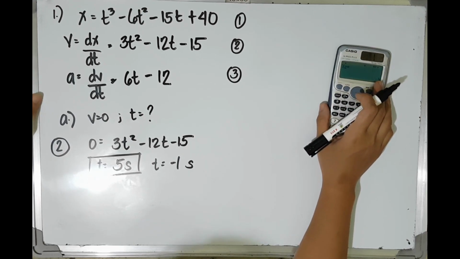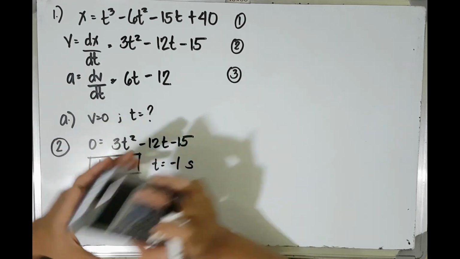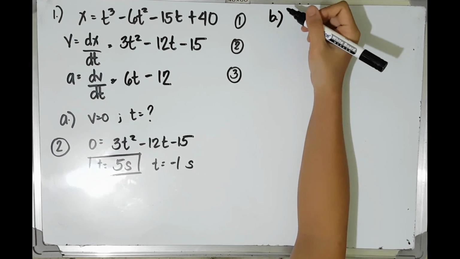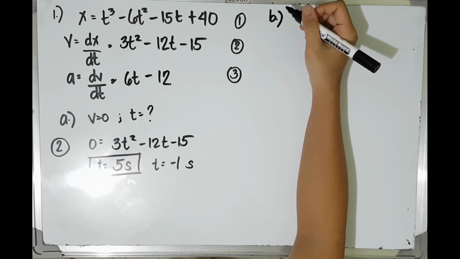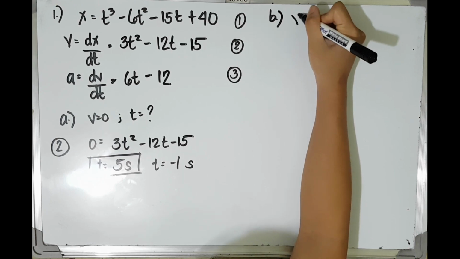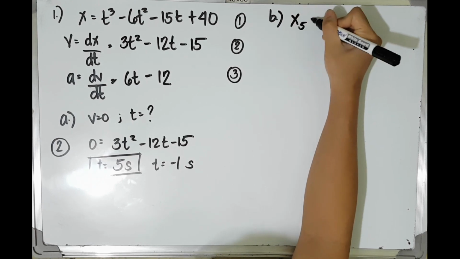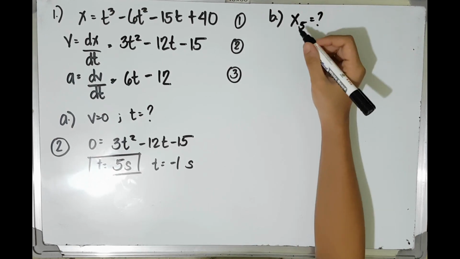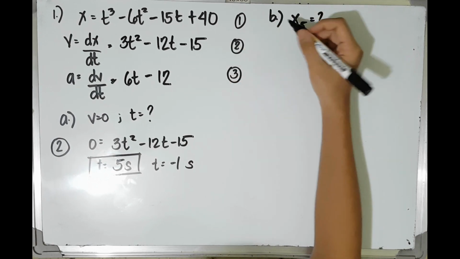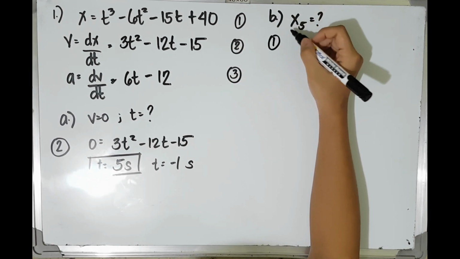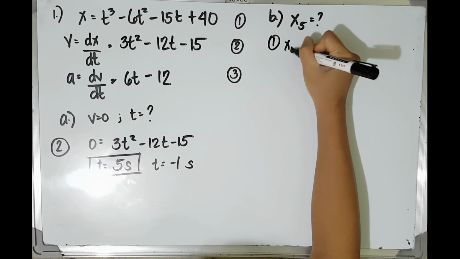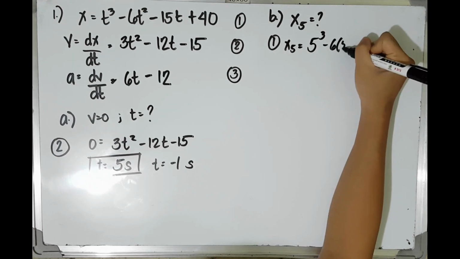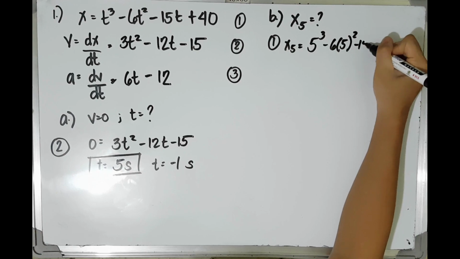And then for letter B, we will determine the position and distance traveled by the particle at that time. We will substitute the value of t, 5 seconds, into equation 1. So it becomes 5 raised to 3 minus 6 times 5 squared minus 15 times 5 plus 40.